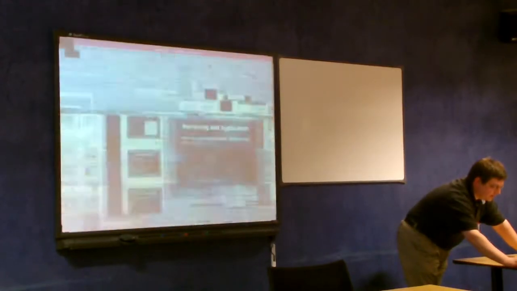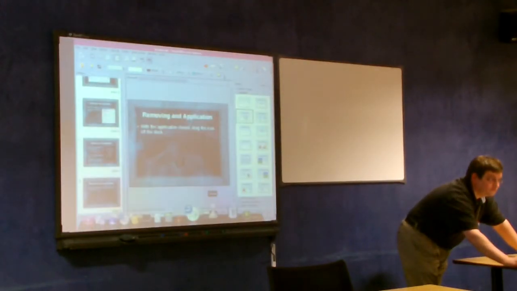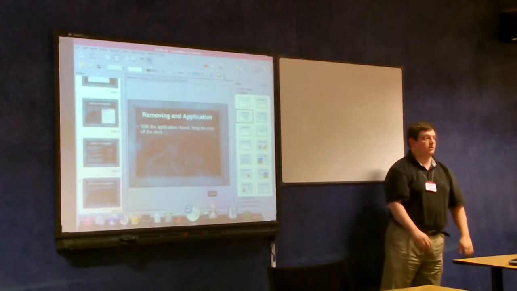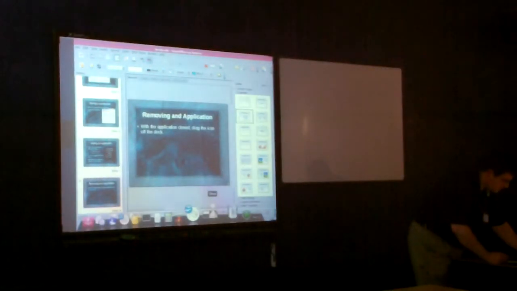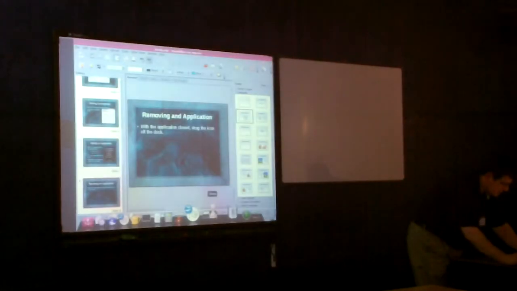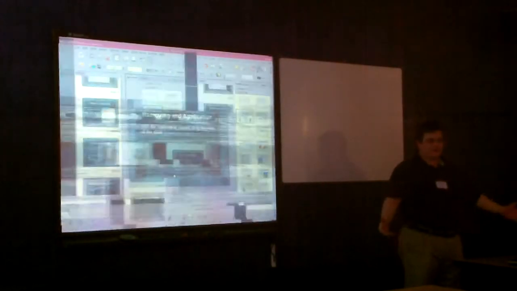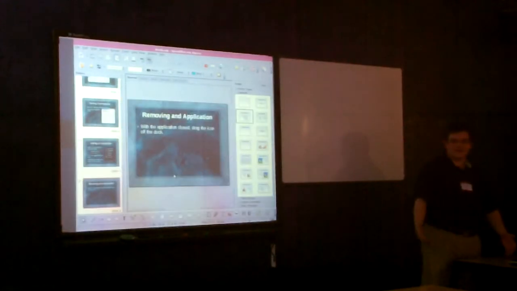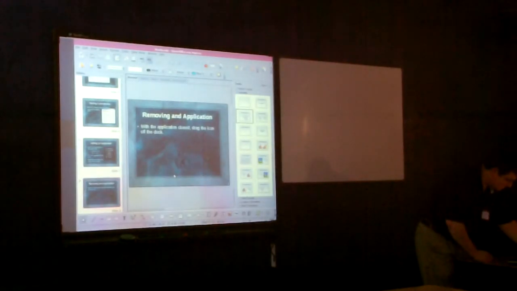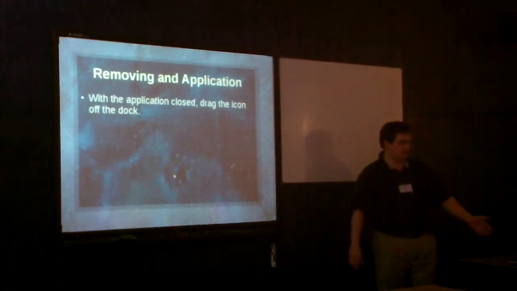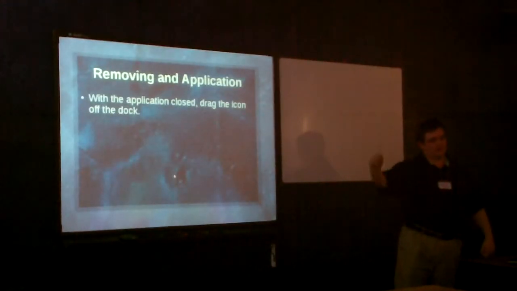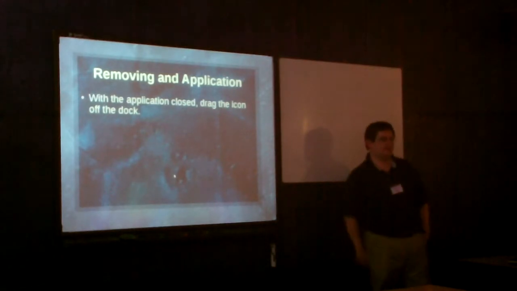Close it, and then the chess program is there next time you want to run it. Okay, that still flickers. Yeah, I know, it's really annoying, I'm sorry. To remove an application, just drag the icon off the bar and it goes away.